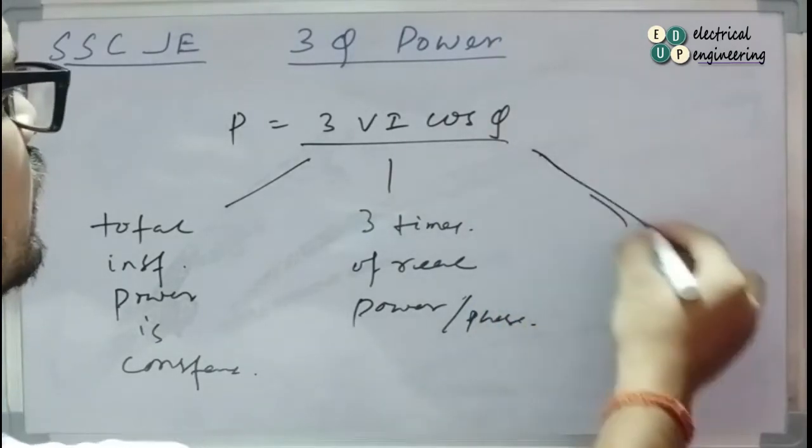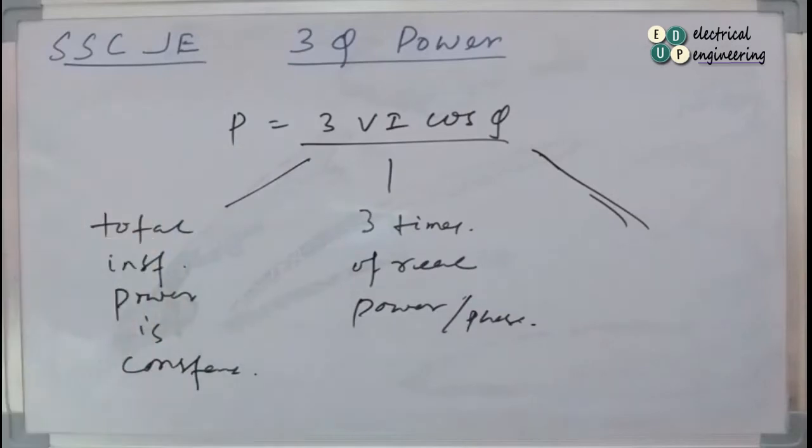See, in this power equation there is no imaginary term. That means in a balanced circuit, star or delta, the reactive powers cancel each other, so the resultant reactive power is 0.